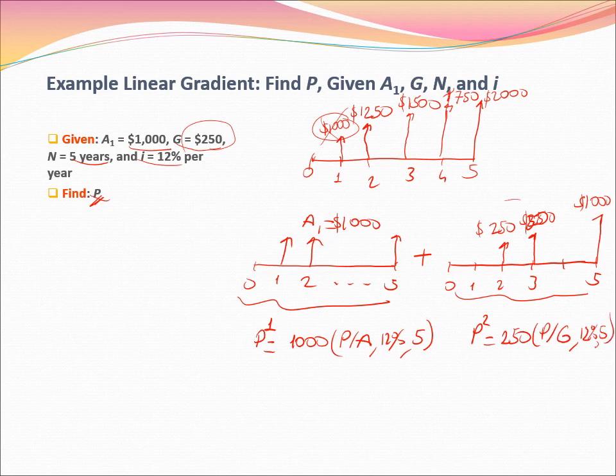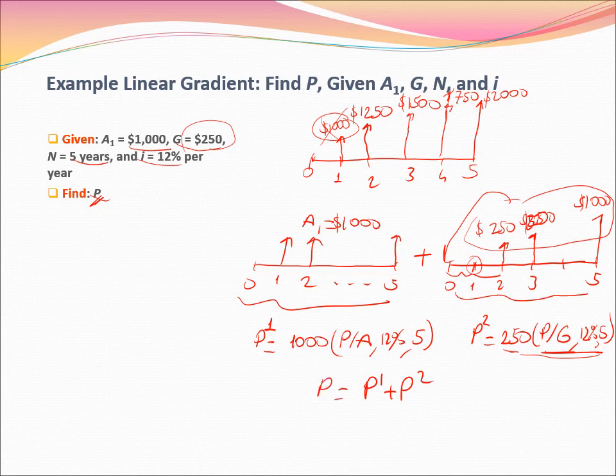And look, when I use this factor, I am finding its present value at time 0, not at time 1. There will be no cash flow in the first period for a gradient series if you want to use this factor or formula. Then we will just add up P1 and P2 to find the final result. The present value will be equal to their summation.